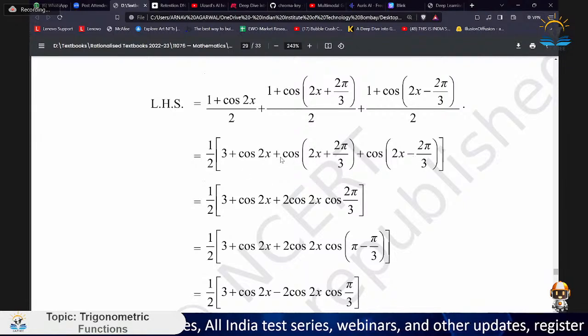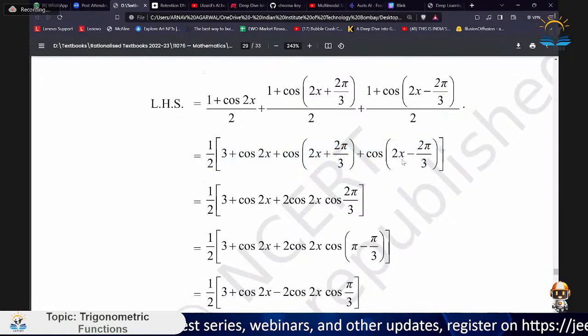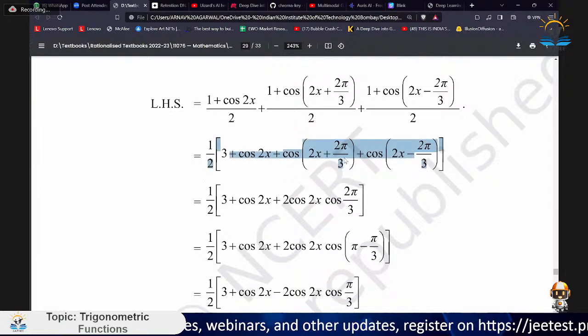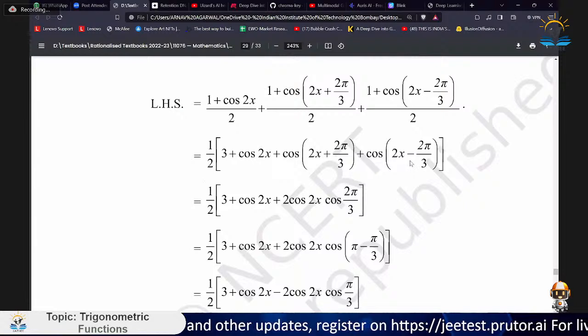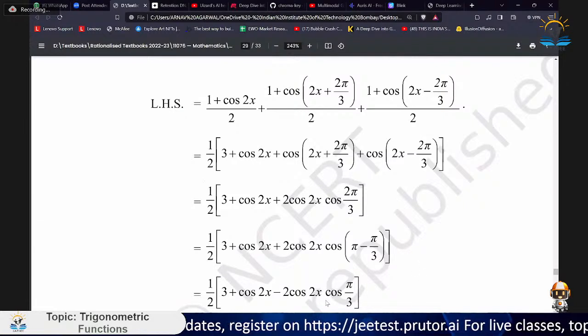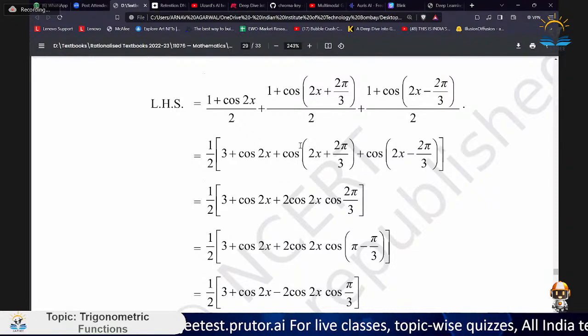We will start by combining these two terms, and there is a reason why we do that. Cos (2x plus 2 pi by 3) plus cos (2x minus 2 pi by 3). There's a reason why we only factorize these two terms first.